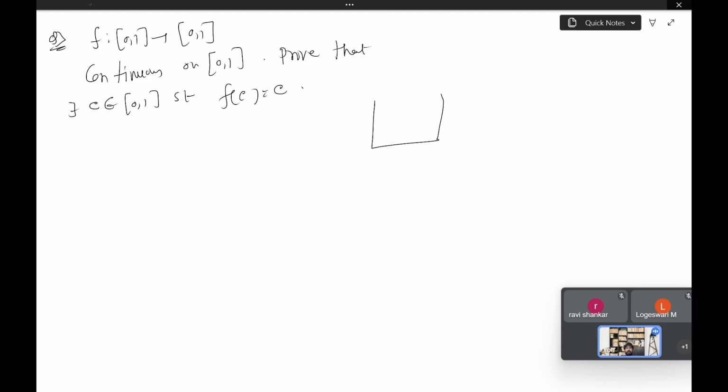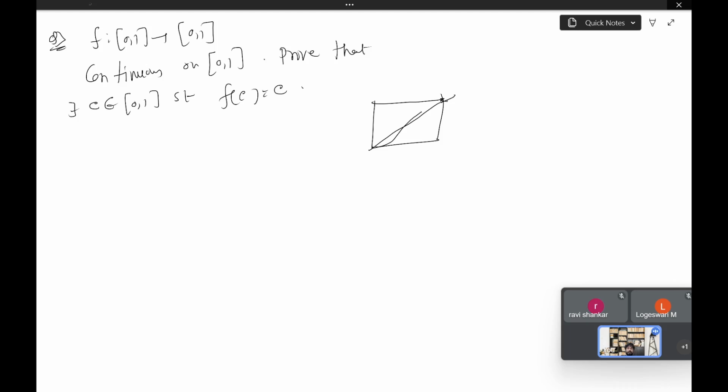Look at it graphically at least. So this is 0 and this is the point 1. Okay, and this is the line f(x) equal to x. So this tells that any continuous function would cut this line at least once.